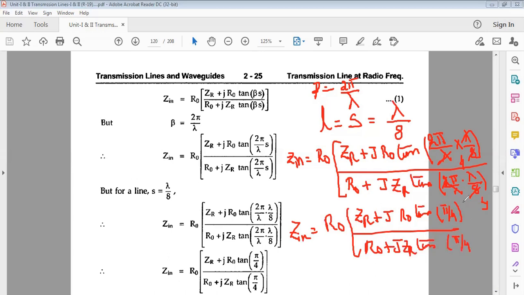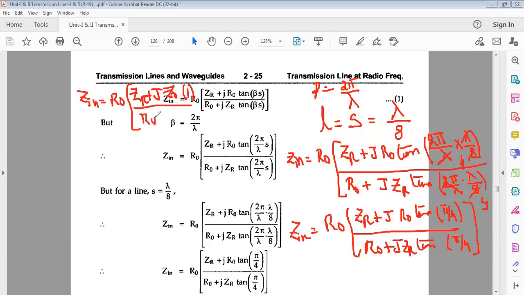So tan pi by 4, we know the value is 1. So Zin is equal to R0 into ZR plus J into Z0. Tan pi by 4, the value is 1. Tan 45 degrees is 1.